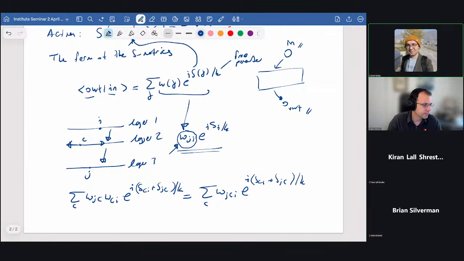Okay, these two are the same form, and we impose, and this is the weight that connects the ith word to C, the word C, and the word at the end.